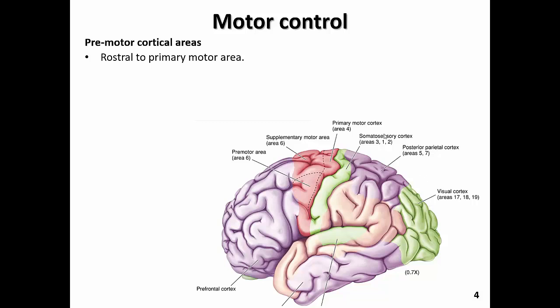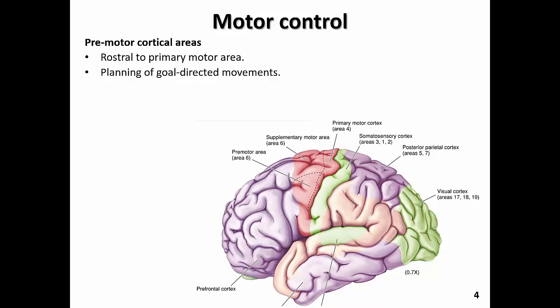In terms of the premotor cortex, there are areas just rostral, or anterior in this view, as we see on the picture on the bottom right-hand corner, to the primary motor area. And the premotor area is important in terms of planning goal-directed movements.